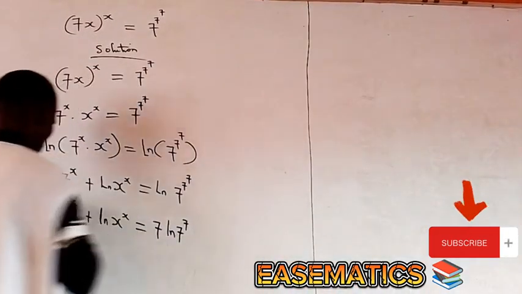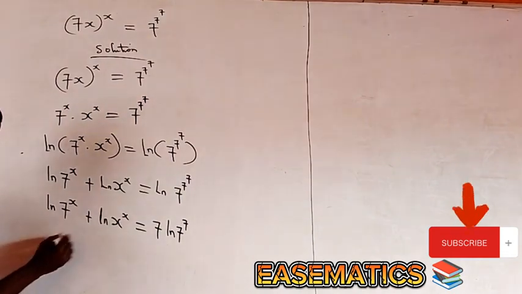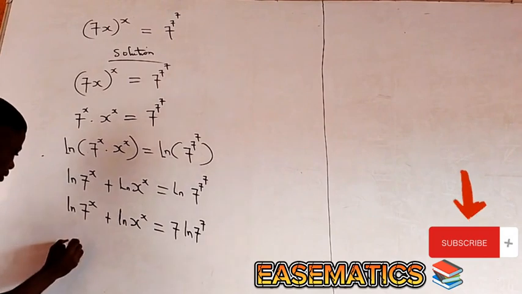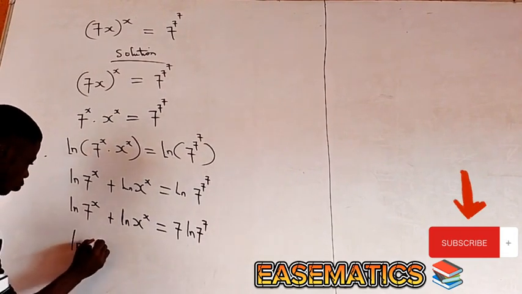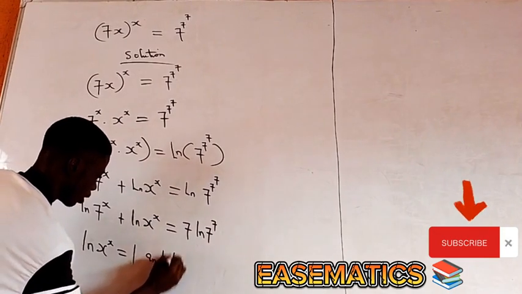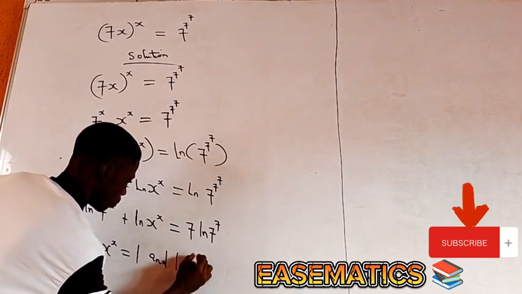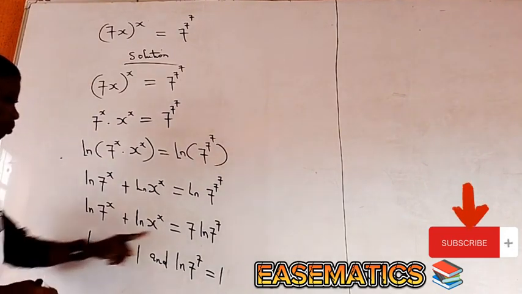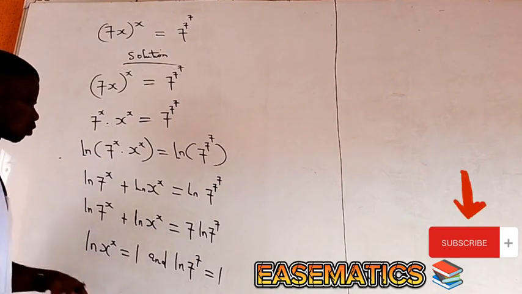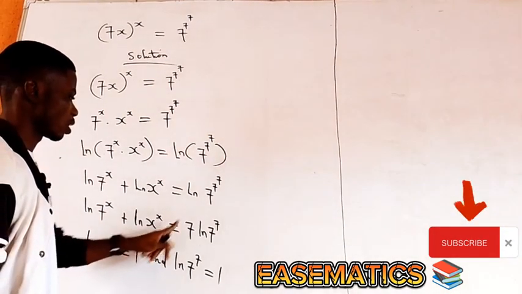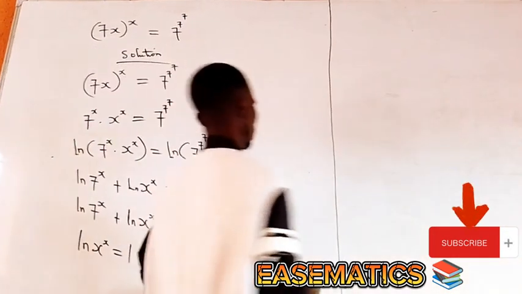Again, we can say that the logarithm of a number to its own base is equal to 1, which implies that ln x base x is equal to 1, and ln 7 base 7 is equal to 1. Logarithm to their own base is equal to 1. This is ln x base 7, ln x base x, and 7 ln 7 base 7.